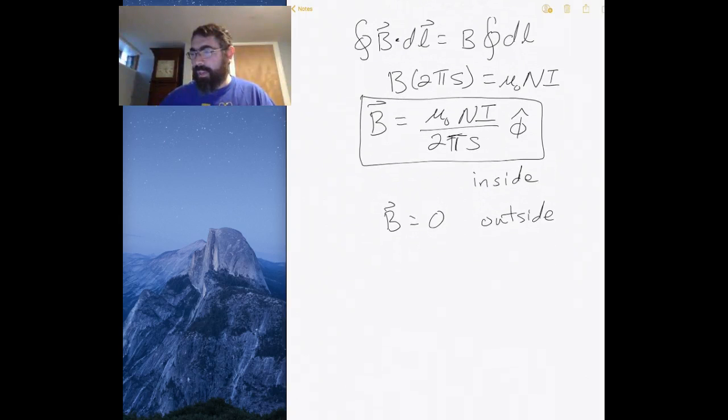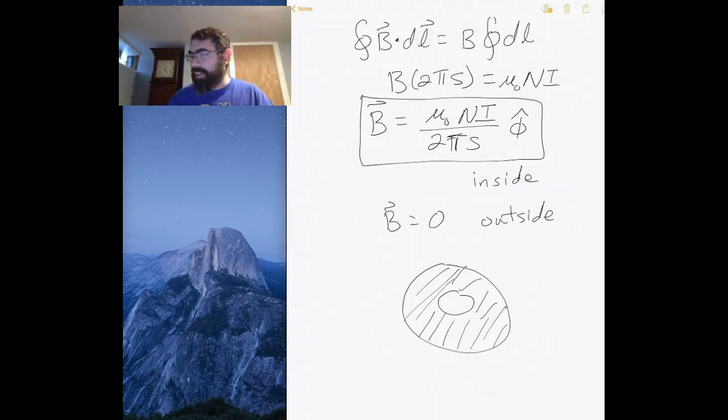So we have these two regions: the inside, where we can use this equation, and this region here, where the magnetic field is 0, and this region here, where the magnetic field is 0. Only inside the torus shape do we get this equation of mu 0 n I over 2 pi times the radius in the phi direction. Right. So that's our result.